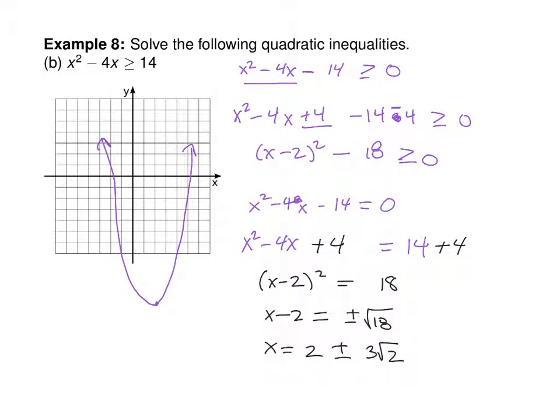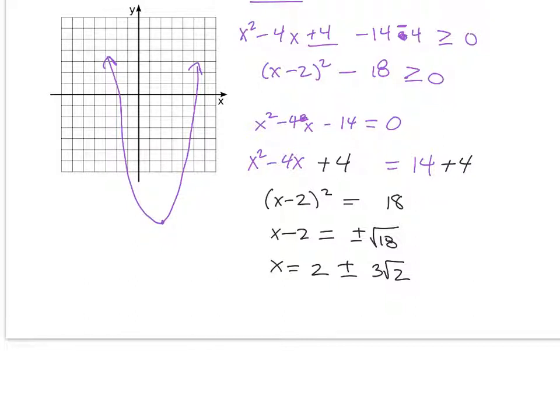So this point over here, whatever it is, will be 2 minus 3 root 2, right? What's that point over there going to be? What's the other one? 2 plus 3 root 2. You could get a decimal and approximate where they were exactly. Does that make sense?